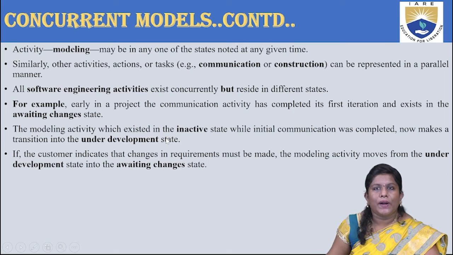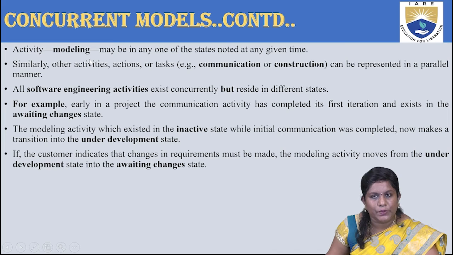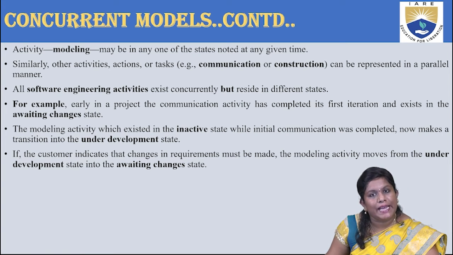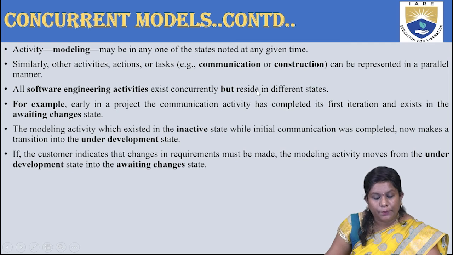So moving to what exactly happens, you have modeling at the first phase, which is trying to focus on the activities, and then you have communication or construction. Then you have activities that exist concurrently but reside in different states, meaning you can have so many states, and those states, if they are inactive, they are supposed to be in a waiting stage, right?